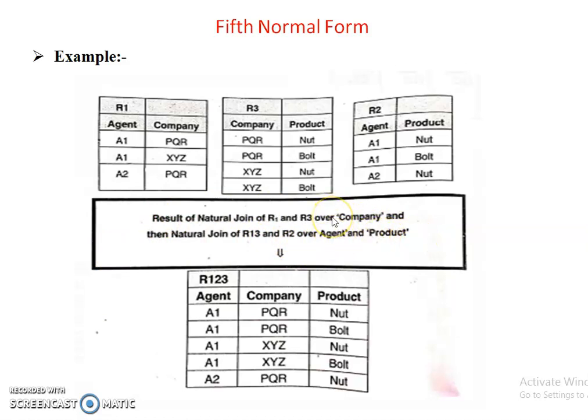Now we can observe that all the redundancy is eliminated and the decomposition of the relation into multiple tables is a lossless join decomposition. So we can consider the relation to be in fifth normal form, as it is in fourth normal form, and no data gets lost as well as no new data gets added. So it's nothing but the fifth normal form.